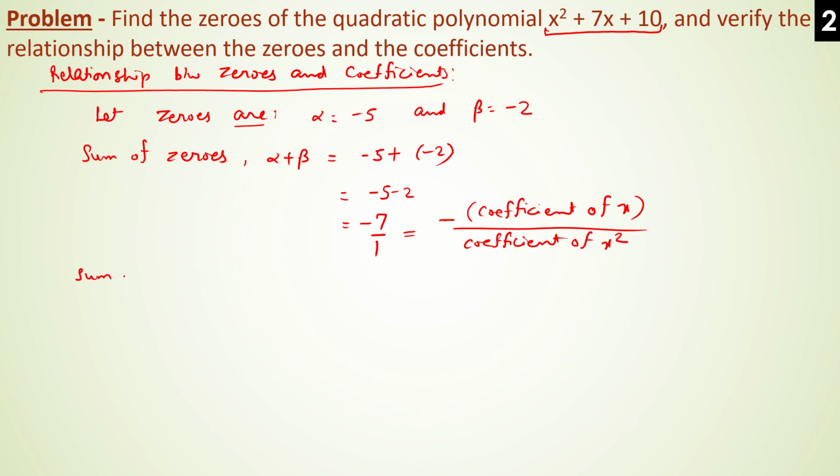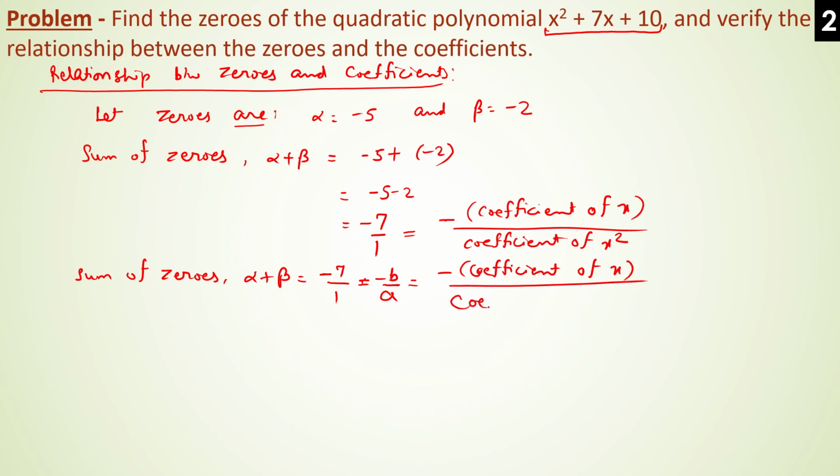So we got sum of zeros alpha plus beta equals minus 7 upon 1, or we can write it as equal to minus b upon a, that means minus coefficient of x upon coefficient of x square.